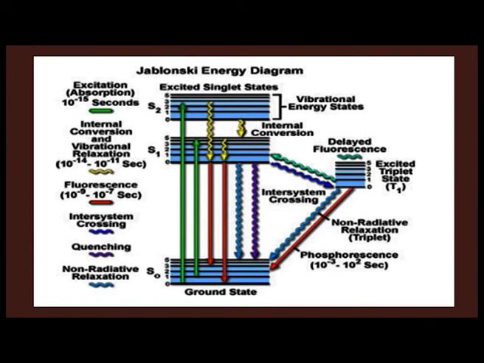During the phosphorescence process, an excited electron in the singlet state crosses into the triplet state and dissipates energy to the surrounding molecules. Therefore, the electron steps down to the lowest vibrational level of the triplet state. The electron stays in the lowest level of the triplet state because the triplet state is more stable as compared to the singlet state. According to Hund's rule of multiplicity, you can understand this.